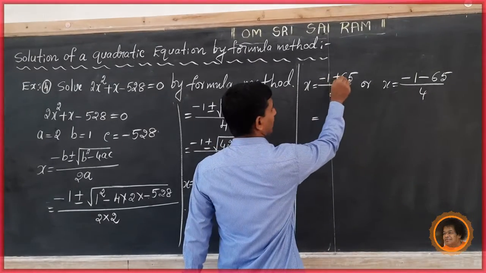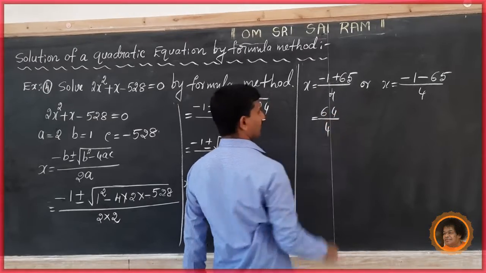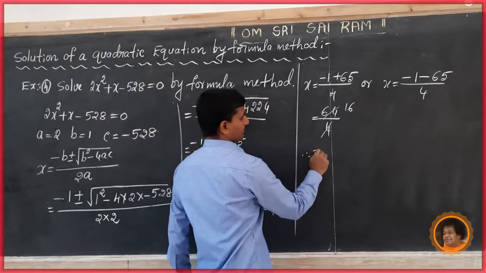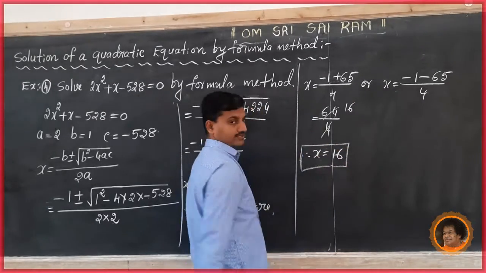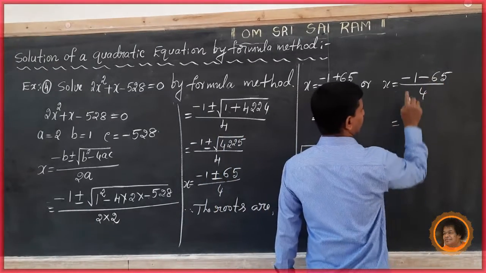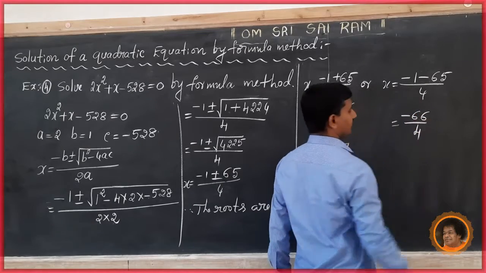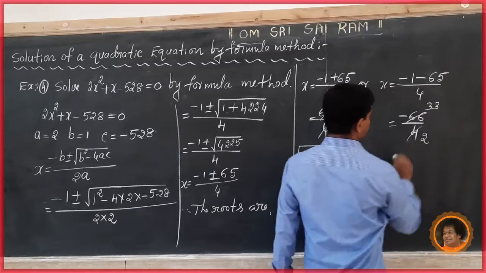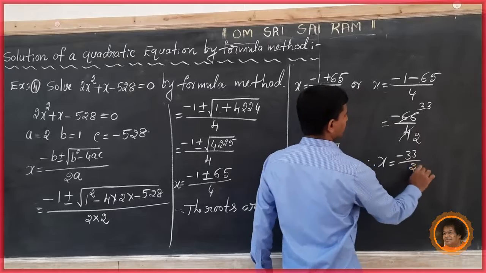Minus 1 plus 65 is 64 divided by 4, so 4 sixteens are 64, therefore x equals 16. And minus 1 minus 65, both are negative, so minus 66 divided by 4. 2 thirty-threes are 66, so therefore x equals minus 33 by 2.